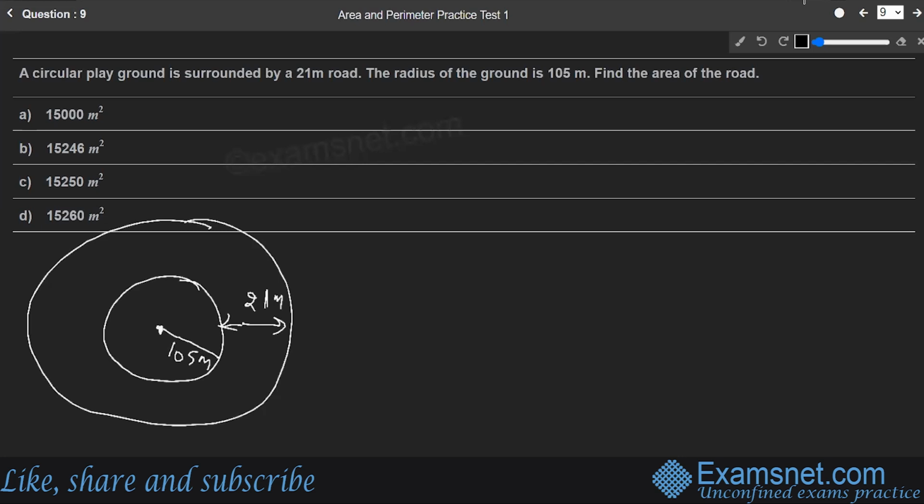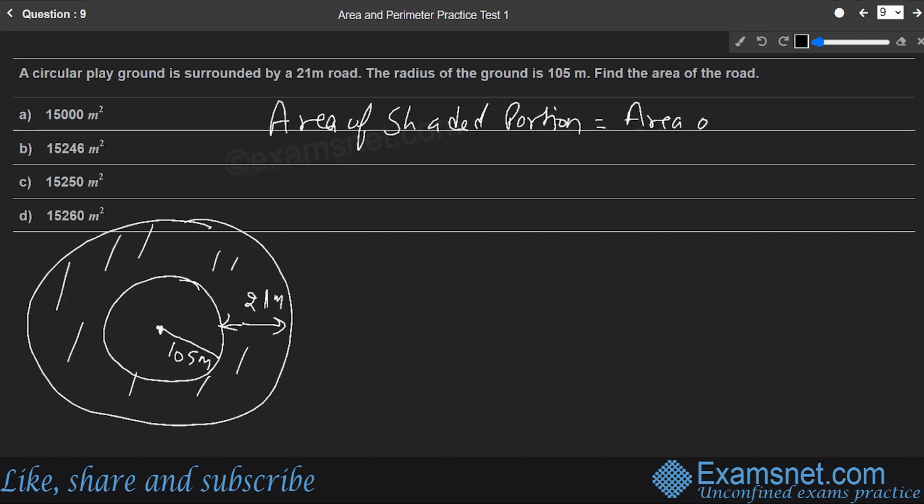He wants us to calculate the area of the road, or the area of the shaded portion. Okay, let's say this is the shaded portion where the road is. Let it be a road, let it be a river or anything, the area of this shaded portion is always calculated by the area of the outer circle minus the area of the inner circle.